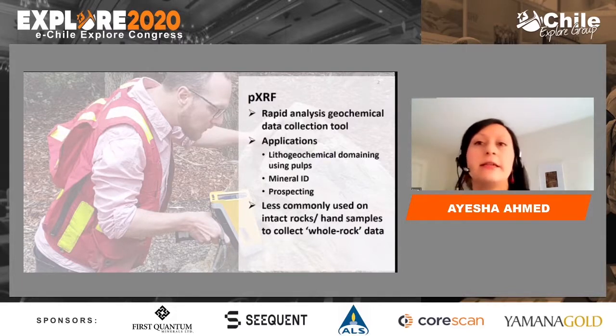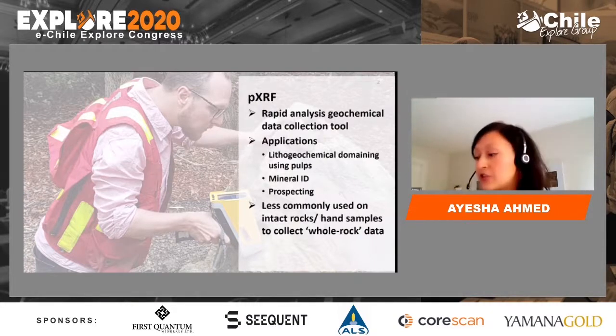Less commonly is the PXRF used to collect useful whole rock geochemical data, particularly on medium to coarse-grained rocks. This reticence is rightfully based on concerns over the compositional variability or heterogeneity across a hand sample, depending on grain size or texture.